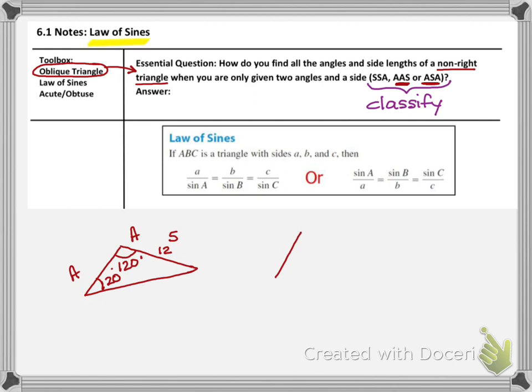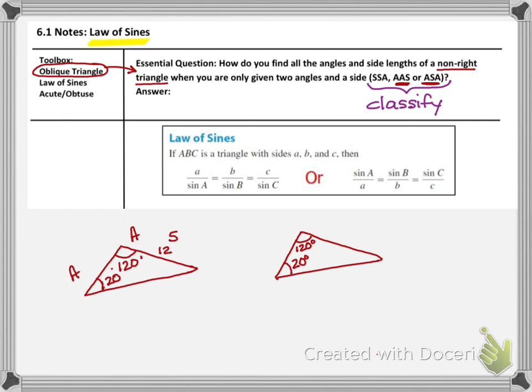If you want to see what an angle side angle would look like, you would have been given this angle, again, let's call it 20 degrees. You would be given this angle, let's call that also 120 degrees.